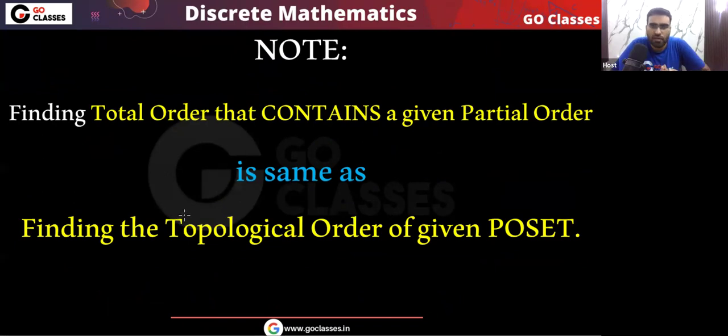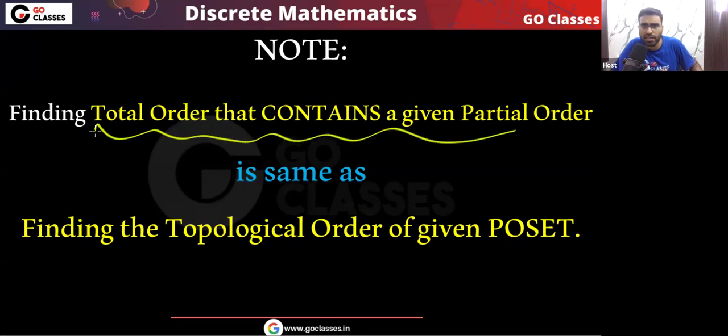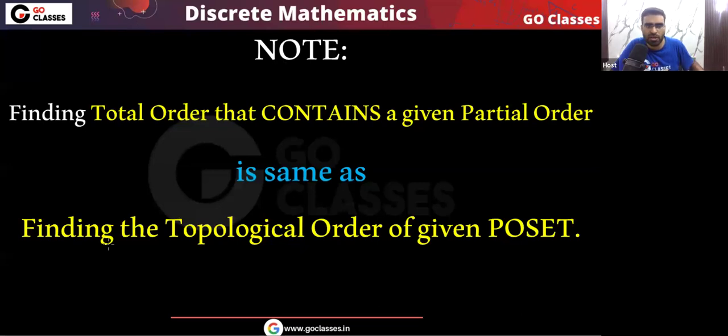And this is a very interesting result. Yes or no? Actually, I have seen many students, they solve this type of questions, total order containing a partial order. They solve this type of questions, but they do not have the proper understanding. Now, did you understand that these two things are same?